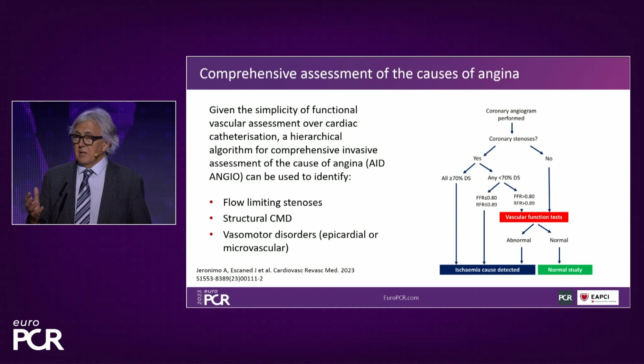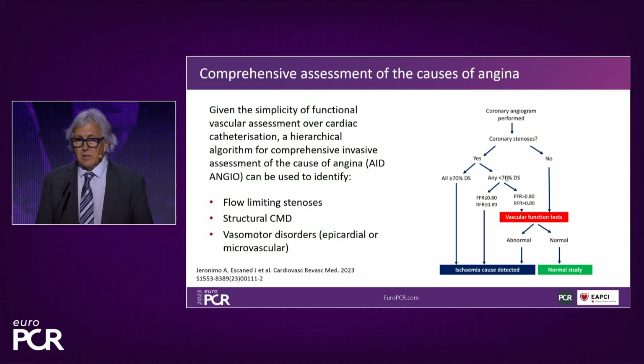Given the simplicity of this, we are at the verge of doing an entirely different diagnosis of ischemic heart disease in the cath lab. What you are seeing here is already being tested in an ongoing study that has included 200 patients. It's called the 8-ANGIO, where 8 stands for Advanced Invasive Diagnosis. It takes the opportunity, while you are in the cath lab, to quickly identify those that have overt severe stenosis and understand that that's probably the cause of myocardial ischemia.